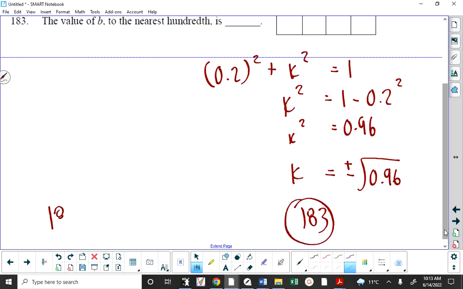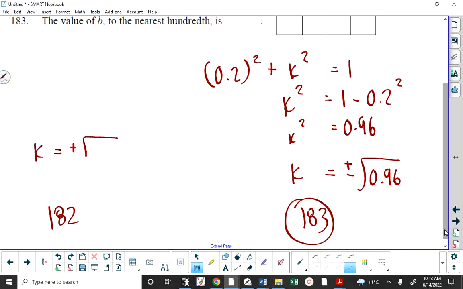In question 182, we had k is equal to plus or minus, well, are you okay with me just saying plus root 0.36? Because it was in a particular quadrant. What's the difference between these questions? Because in 182, the answer is 0.6, isn't it? In 183, the answer is 0.96, right? It's because in question 182, read it carefully.